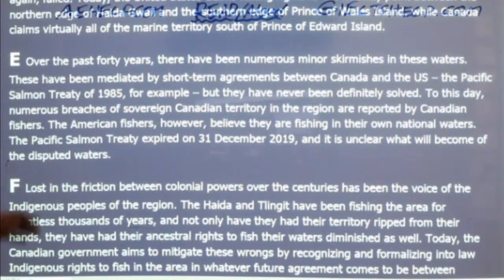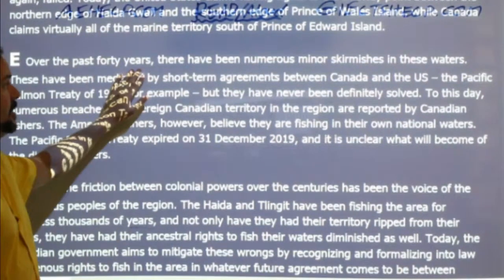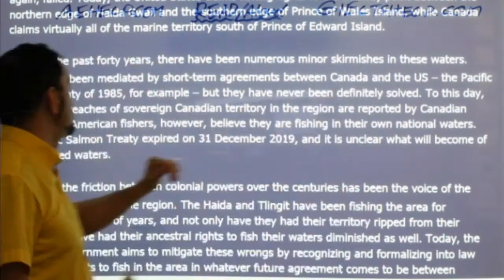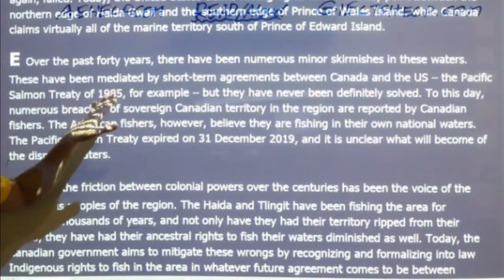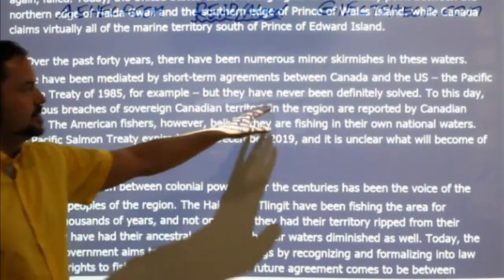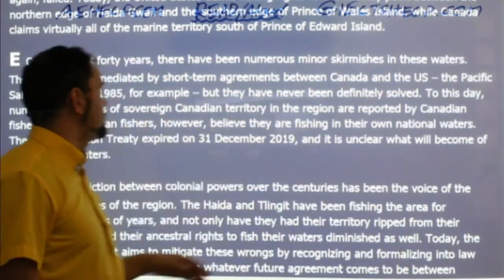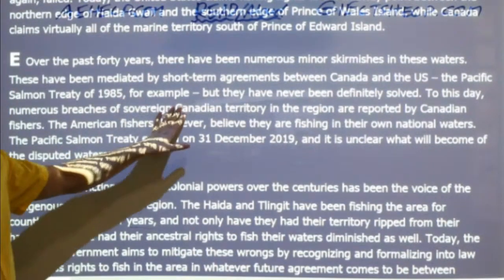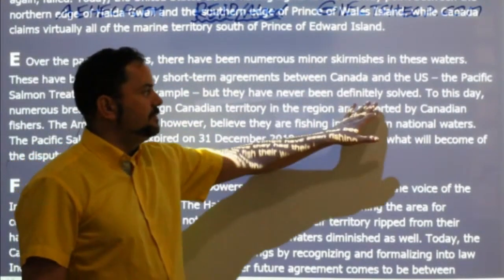Here we go. E, read with me. Over the past 40 years, there have been numerous minor skirmishes in these waters. These have been mediated by short-term agreements between Canada and the U.S., the Pacific Salmon Treaty of 1985, for example, but they have never been definitively solved.